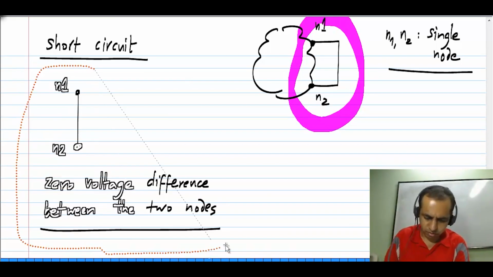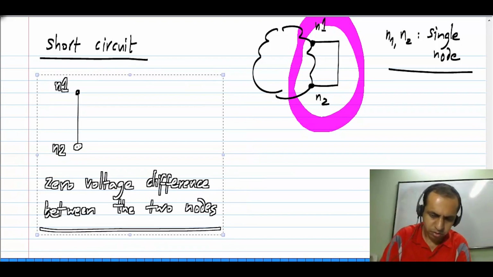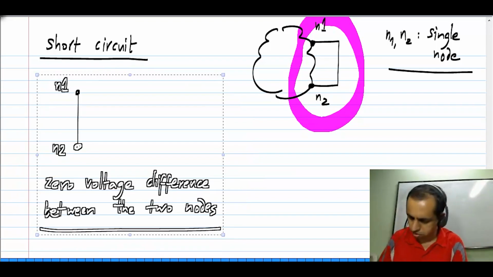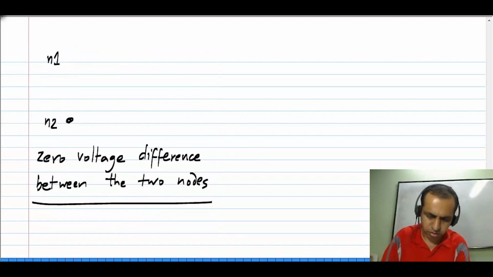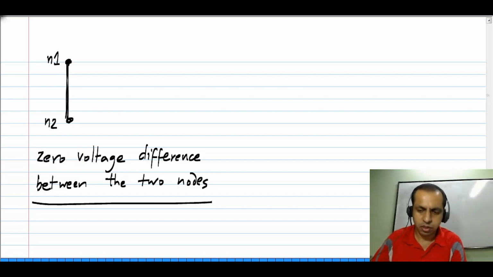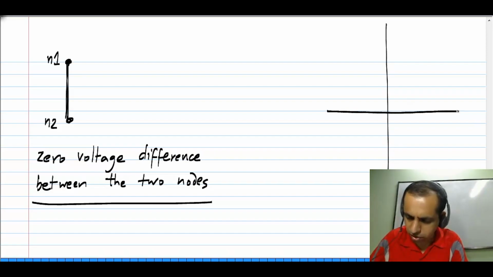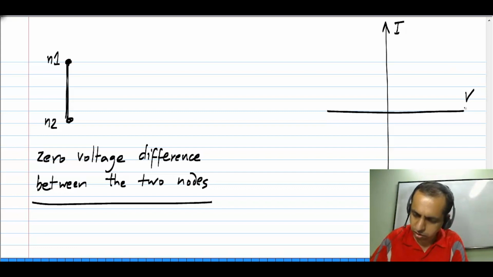Now, zero voltage between these two nodes. So if I go and draw the IV characteristic of this, obviously the voltage is always zero and any current can flow through the short circuit, or this wire.